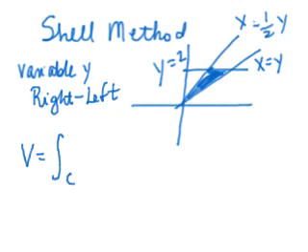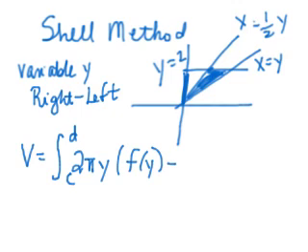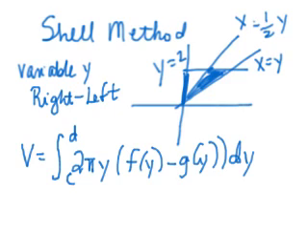And since it's in terms of y, everything is y. So the values that we put on our integral come off of the y-axis. So this is 2 pi y, f of y minus g of y dy. And this is the right function right here minus the left function on the other side.